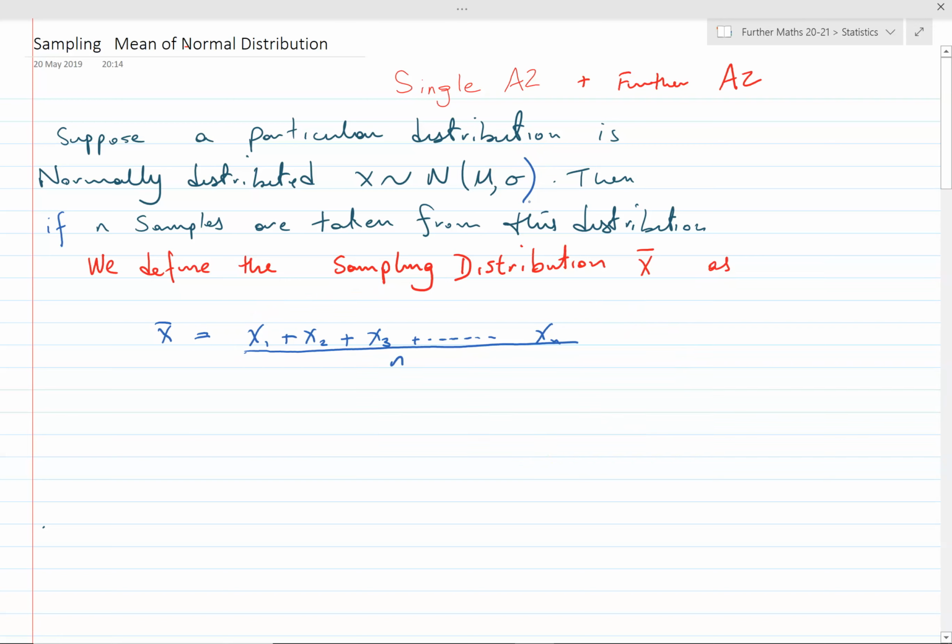But what about the standard deviation? Or the variance, that's what we're going to talk about now. The mean will be the same, but the standard deviation will be different. It's important to appreciate that we're taking these samples over and over and over again, and then that distribution itself will be normally distributed.